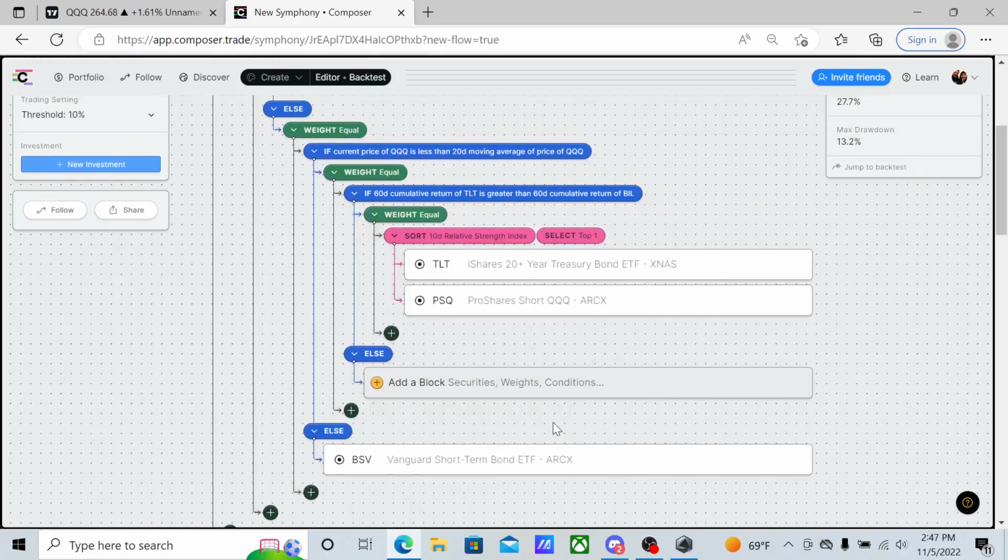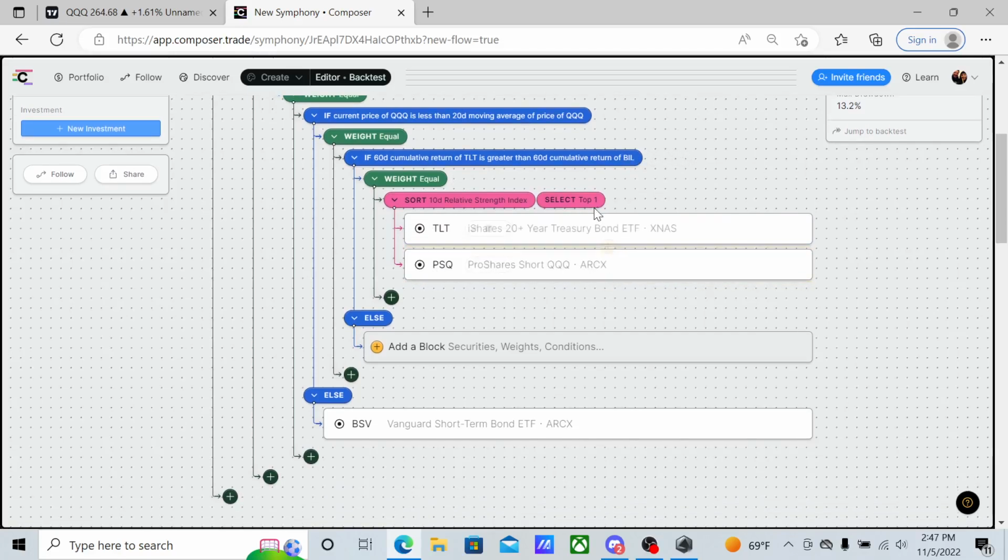Okay, so this is what he's describing. If you want to decipher whether long-term bonds or short-term bonds are doing better, you plug this step in first and then do your filter where you can short. So if the 60-day cumulative return of TLT is higher than BIL, you would use your filter with TLT and PSQ.